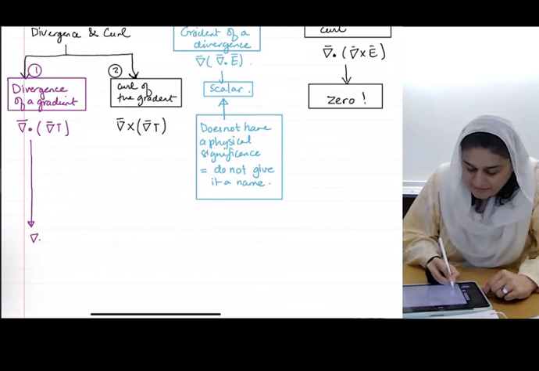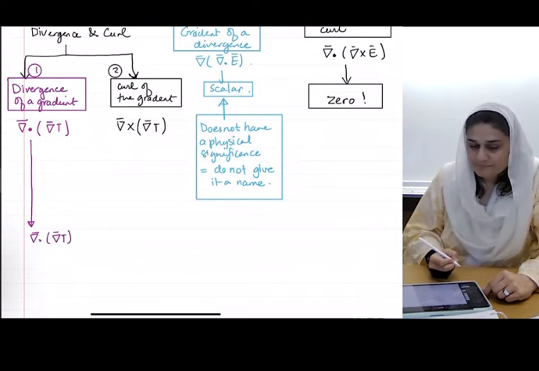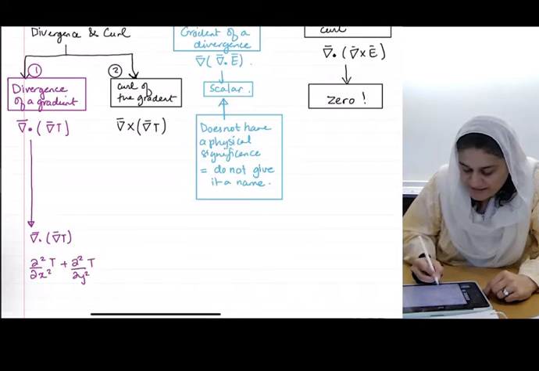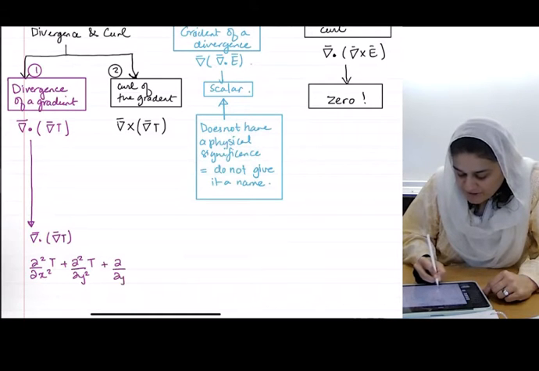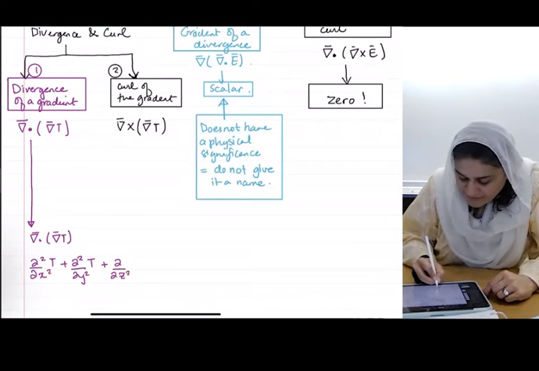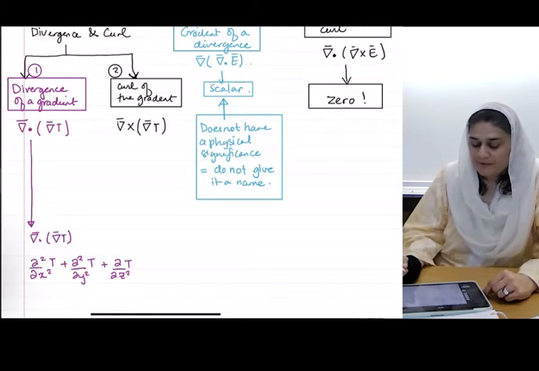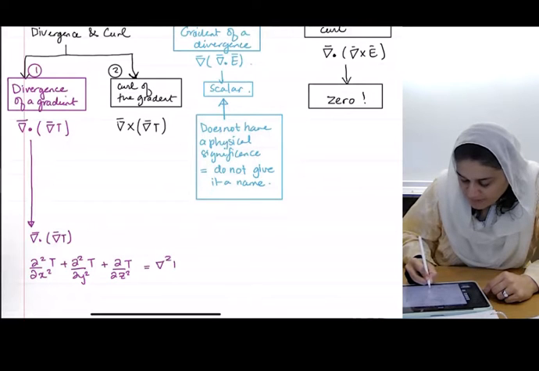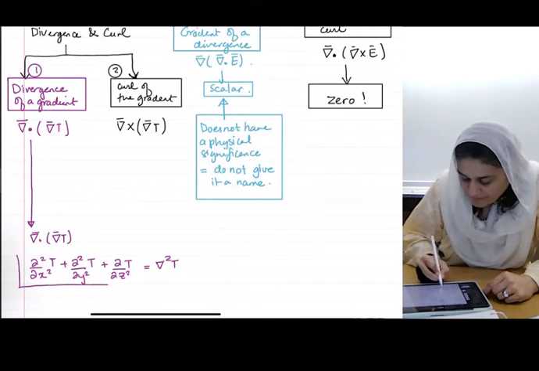So del dot del of a scalar can be written as partial squared over partial x squared of T, plus partial squared over partial y squared of T, plus partial squared over partial z squared of T. And that is called del squared T, or the Laplacian.